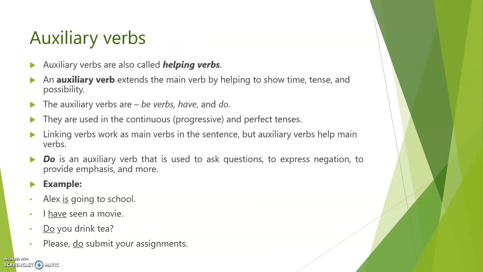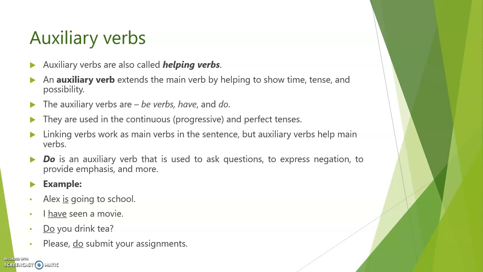The next one is auxiliary verbs. Auxiliary verbs are also called helping verbs. They extend the main verb by helping to show time, tense, and possibility. The auxiliary verbs are be verbs, have, and do.